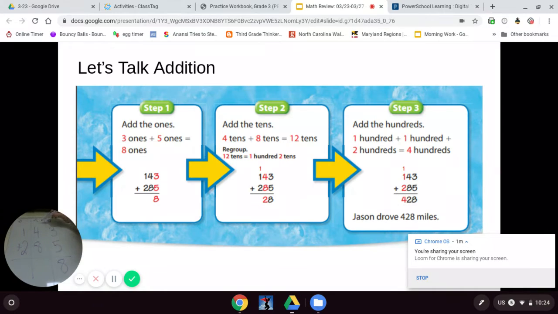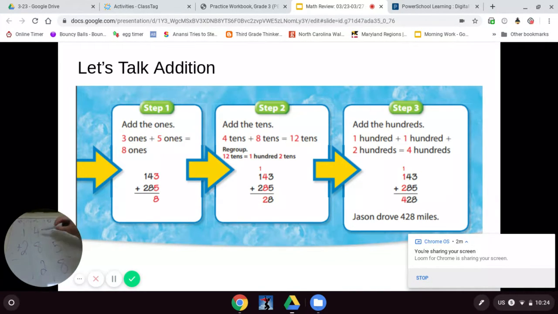Alrighty, so moving into step 2. 4 tens plus 8 tens. Well, I know 4 plus 8 is going to equal 12. Now, I can't keep 12 there like I have it. I know that I need to move this group of tens over to the hundreds place because that's technically 10 tens.